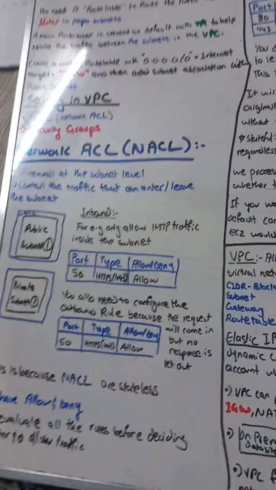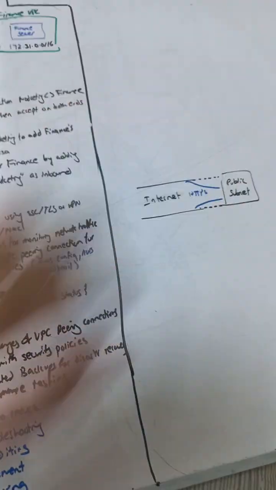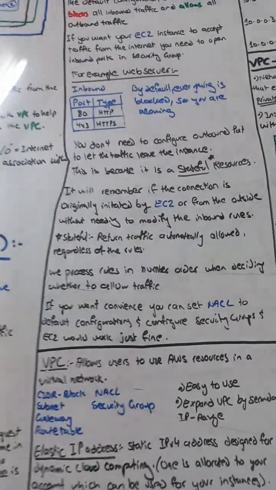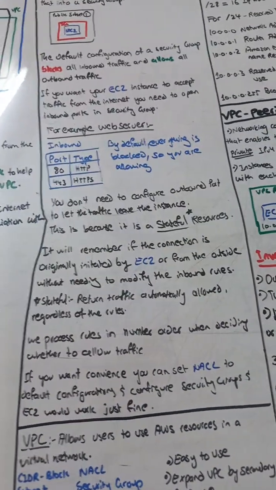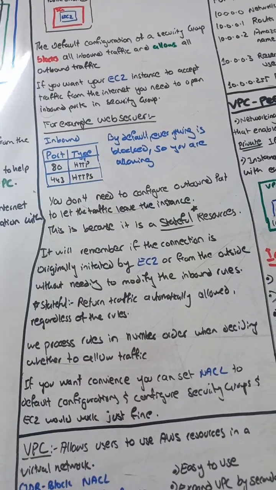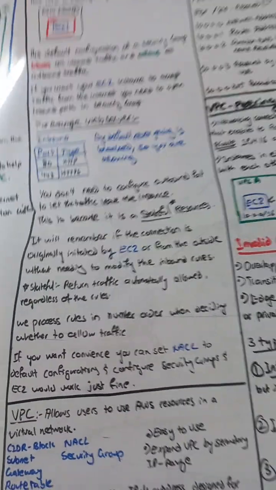You don't need to create your inbound and outbound rules, which means that your traffic can flow inside your subnet and everything is basically allowed. And you can then set your security groups by saying, okay, let the traffic in for HTTP and HTTPS for your EC2 instance, and your EC2 instance will work fine.